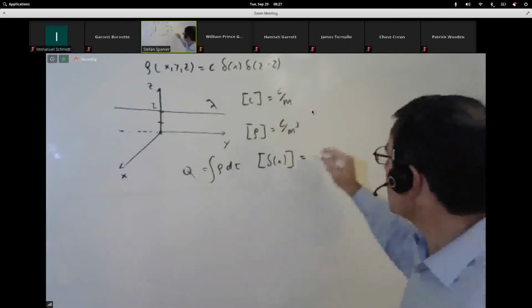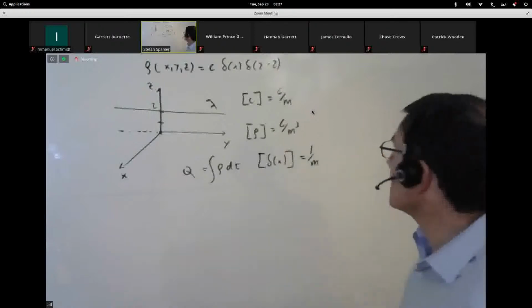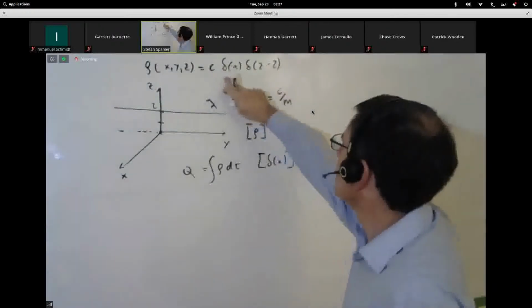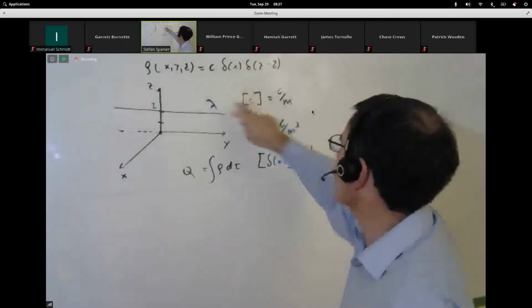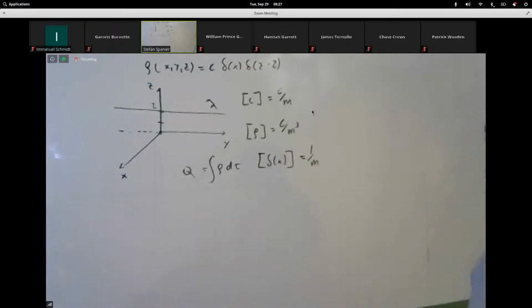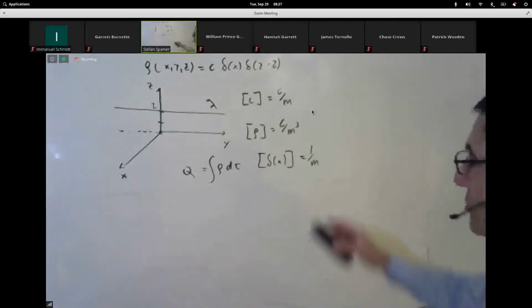So each one of them is a 1 over meter. So I get 1 over meter squared out of this, so I'm left with 1 over meter. So this all adds up nicely. But good, you got it now.